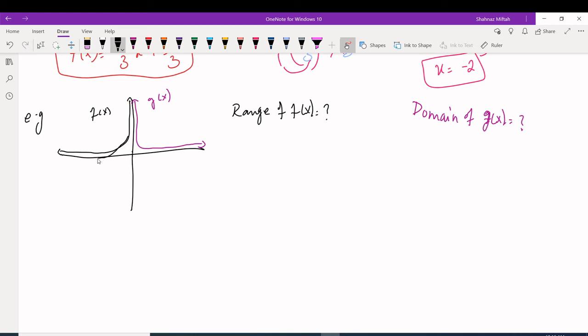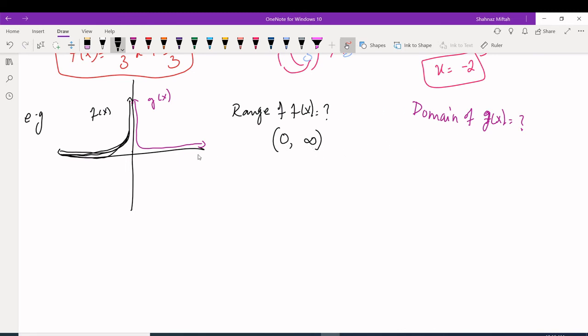I mean, this is supposed to start all the way like 0, like this. So the range starts at 0. Then I'm going all the way towards positive infinity. So that's my range. And for the domain of the inverse, we always switch x and y.